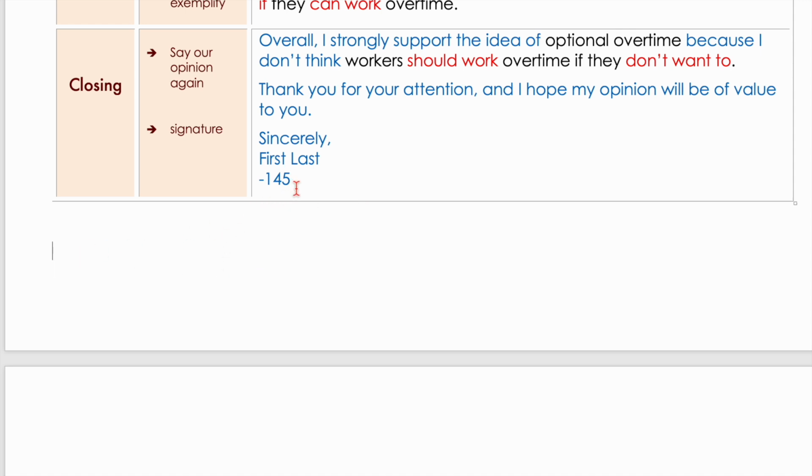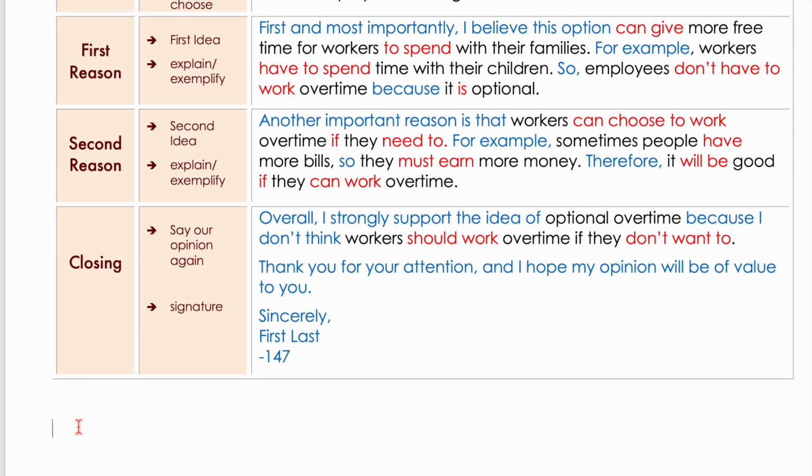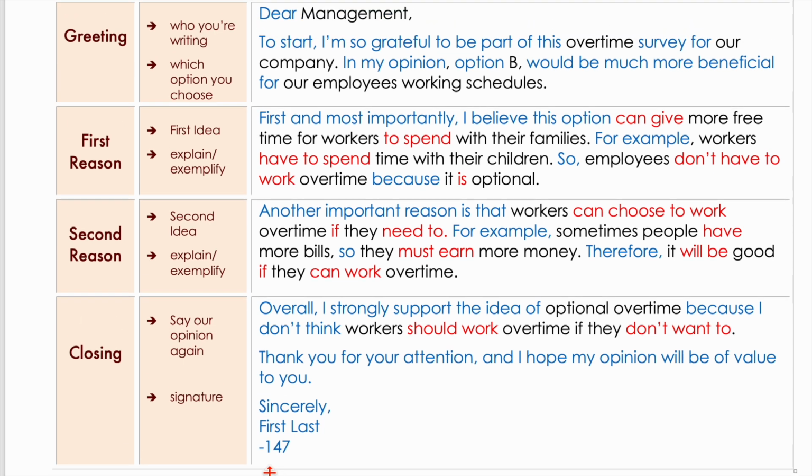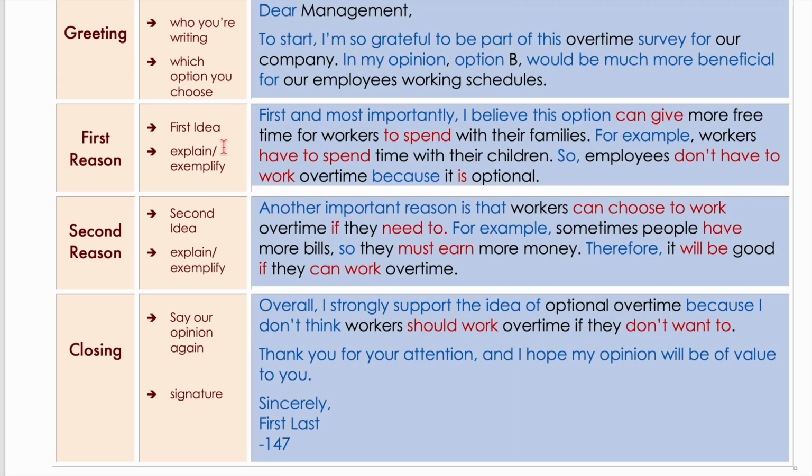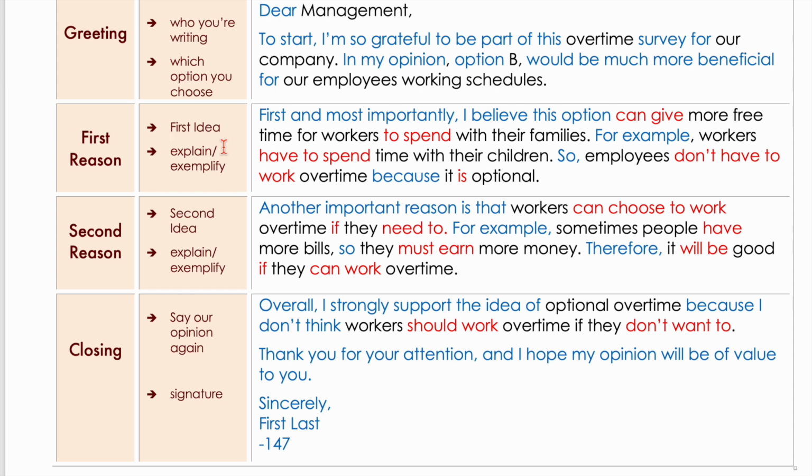So I think it was like 147. So about that. So first of all, if you can write this example the way it is, maybe you can get 7, even 7. Okay.